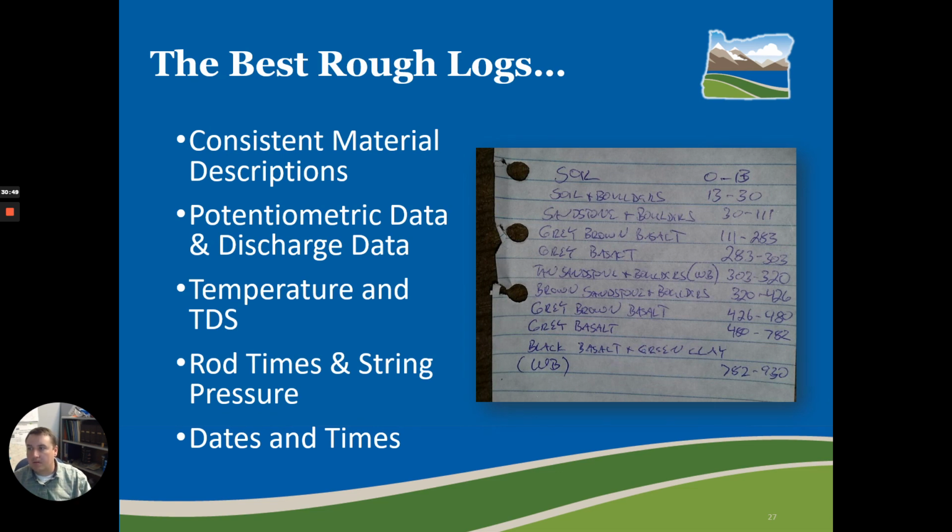Okay, so rough logs when doing this should be listed like in this form, being consistent in the material description, using areas to indicate what the rock type is, what the color is, giving some ideas of other notes that you might have. So above and beyond what is written in the slide, think about a rough log as a dialogue.